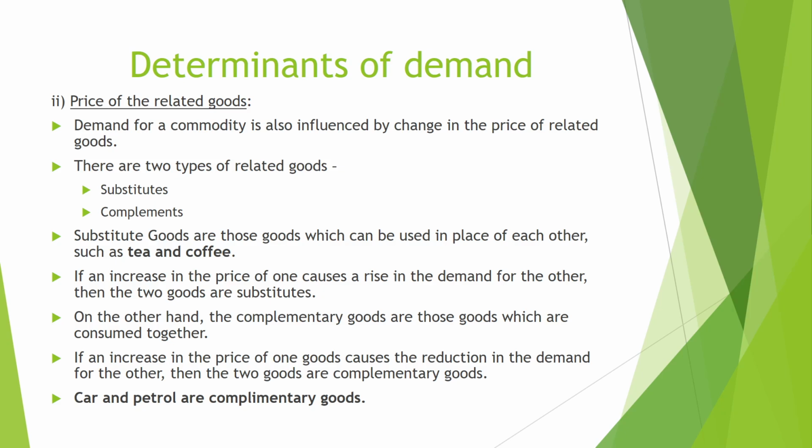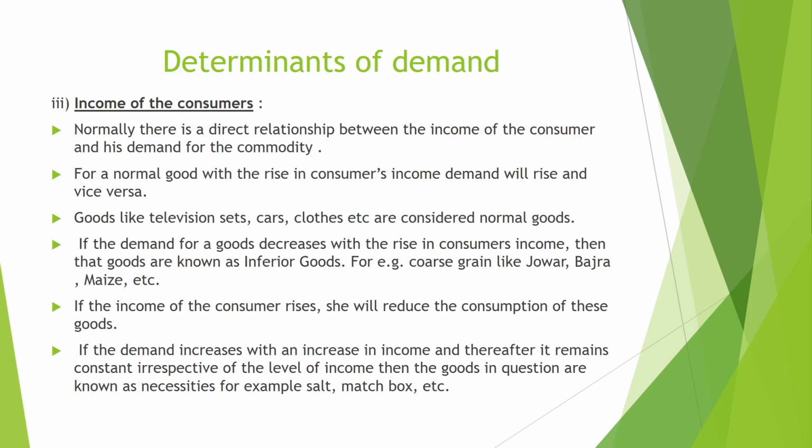Let's move to the third point, income of the consumers. So as you all know, if you have the power to purchase, then the demand will increase. So let's discuss. Normally, there is a direct relationship between the income of the consumer and the demand for the commodity.